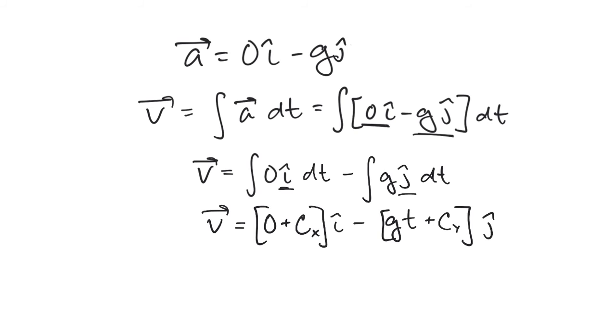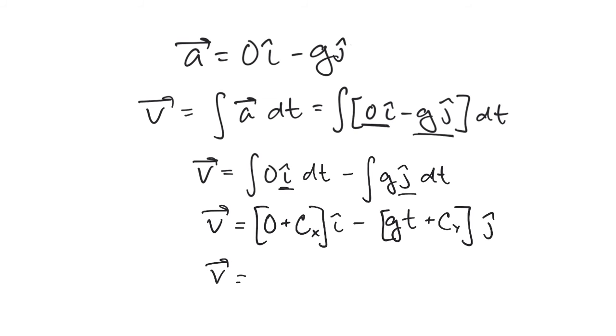So we've got this here for our velocity vector. And we need to figure out these c values before we can move on. The c values, as you should know from our previous session, are simply the initial values.